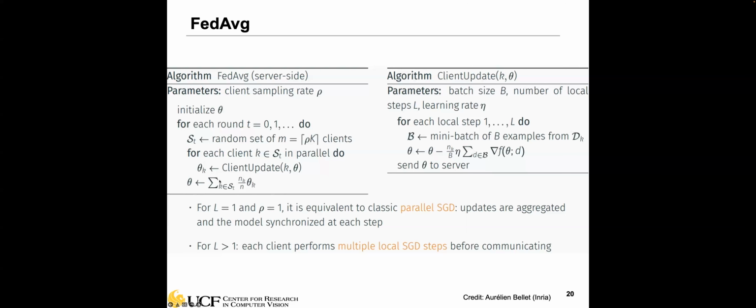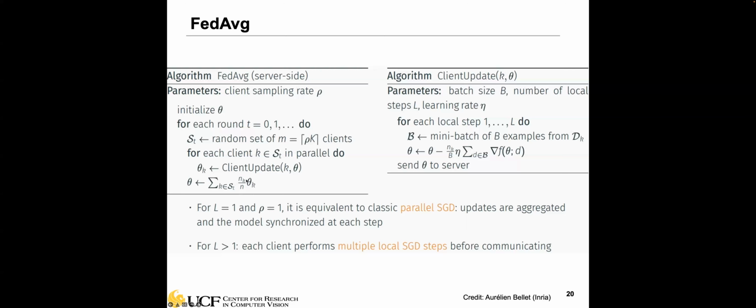You have a summation with this theta_k, and there's a coefficient here that basically does some scaling based on the size of their local data. n_k indicates how many samples are in the local client k, and n is the total number of samples from all the clients.